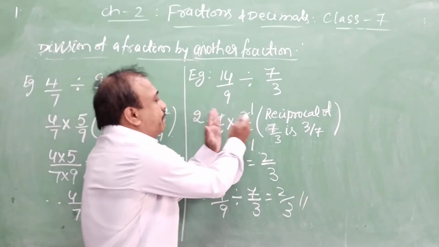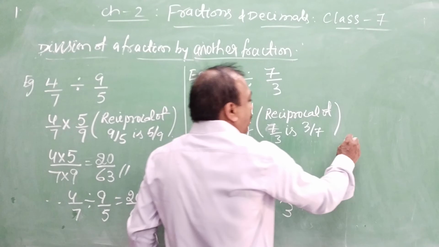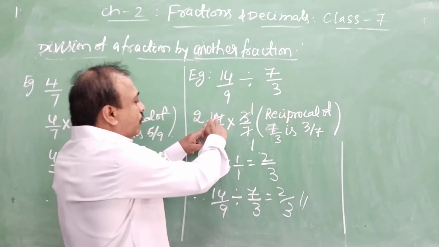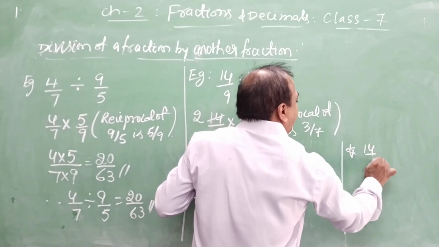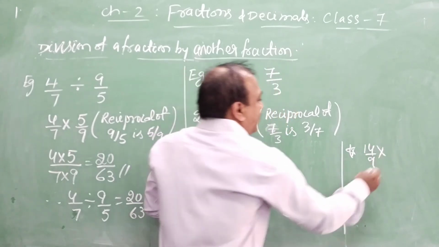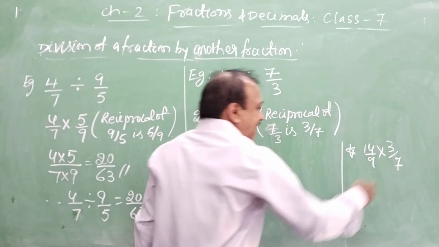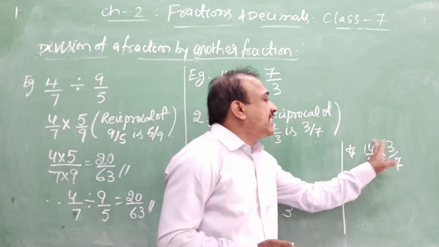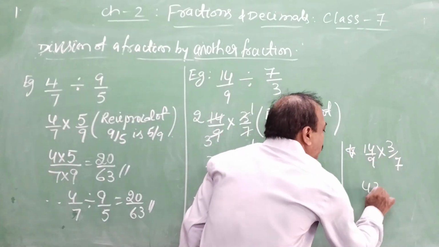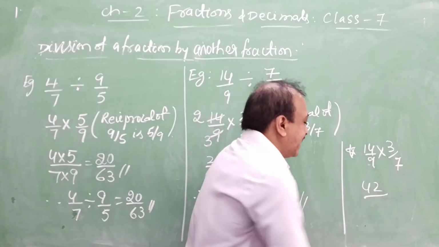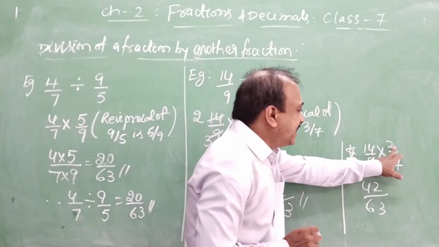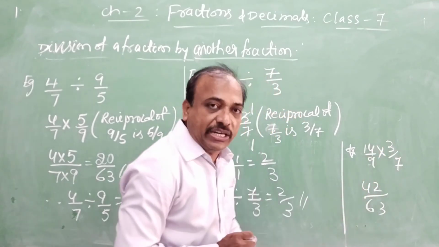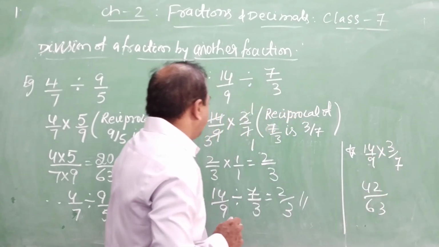You can also find the product without cancellation. 14 by 9 into 3 by 7: 14 threes are 42, 9 sevens are 63.